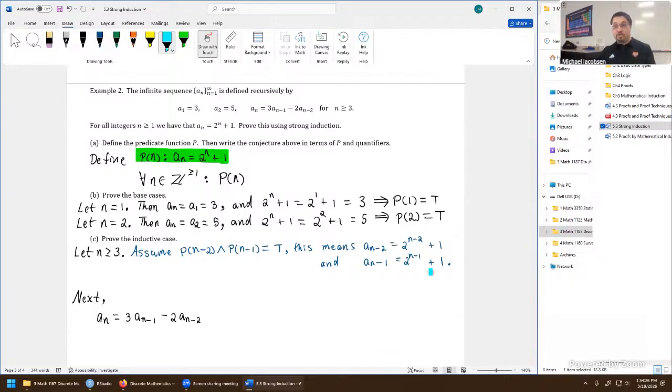But we know something about those terms. Here are the 2 big assumptions. So we make 2 substitutions, one here and one here. So now it's equal to 3 times, plug in a sub n minus 1, so this entire thing, 2 to the power n minus 1 plus 1, minus 2 times, n minus 2 is 2 to the power n minus 2 plus 1.